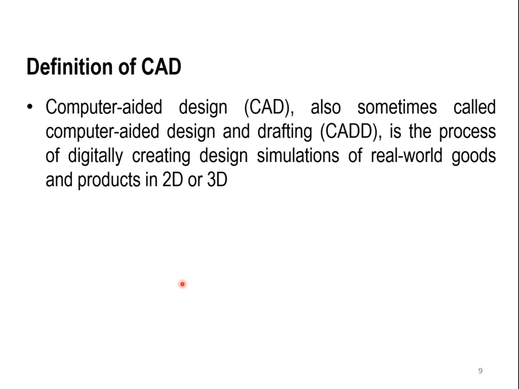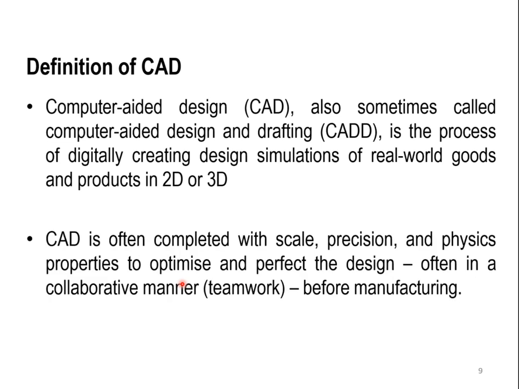This is the process of digitally creating design simulations of real-world goods and products in 2 or 3 dimensions. CAD is often completed with scale, precision, and physics properties to optimize and perfect the design, often in a collaborative manner, like teamwork, before the manufacturing process is done.